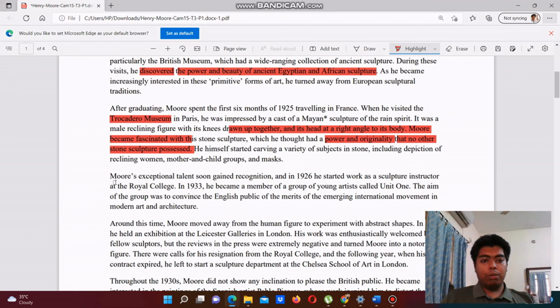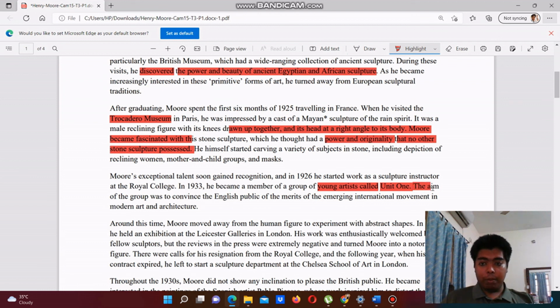So we have to look for Unit 1. Okay, we got Unit 1. In 1933 he became a member of a group of young artists called Unit 1. The aim of the group was to convince the English public of the merits of the emerging international movement in modern art and architecture.